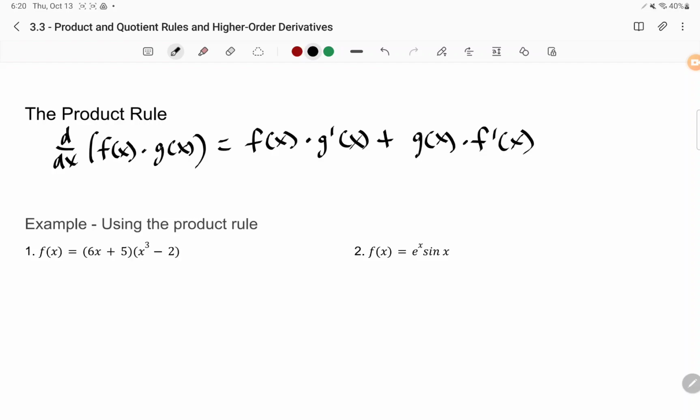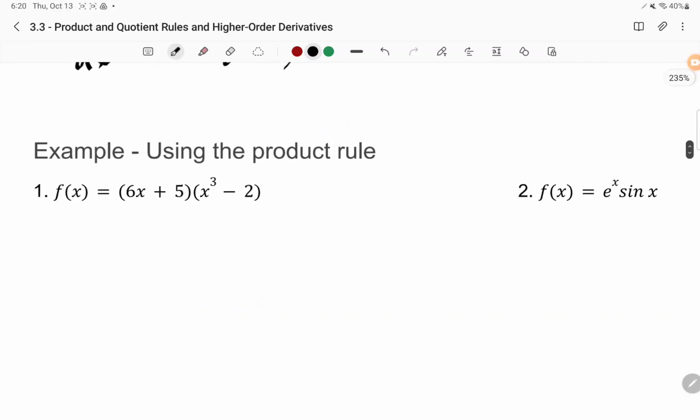Now let's try some examples. Here, this is your f of x, and this could be your g of x. Go ahead and try to apply the product rule to find the derivative of this function here.